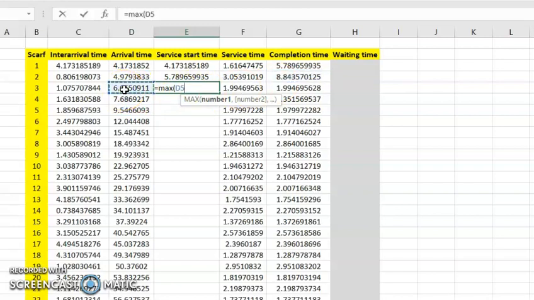So here, oh, I missed it. It would be the maximum of completion time of scarf 2 and arrival time of scarf 3. And in this case, you can see the completion time of scarf 2 is after arrival. So it means that scarf 3 needs to wait. How much? We are going to calculate it.